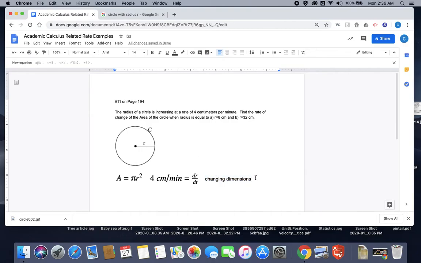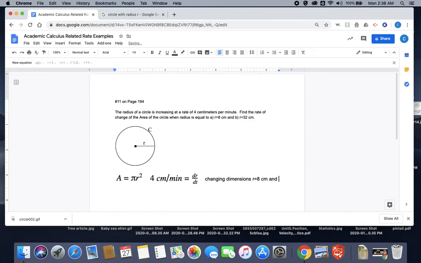So it's important that we notice in a related rate problem which dimensions are constant throughout the problem and which dimensions are changing. In this case, radius is a changing dimension, and that's going to mean that we can't plug that value in immediately.